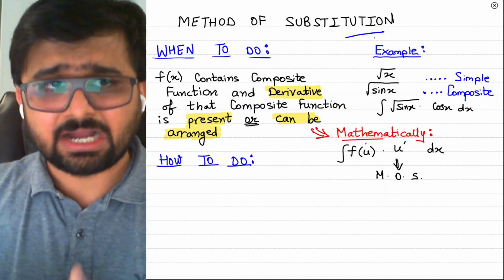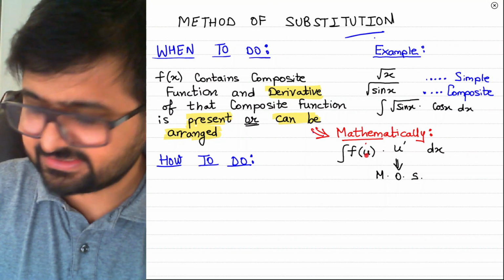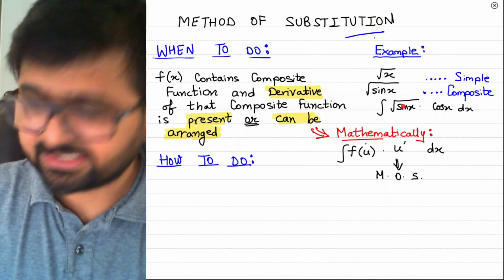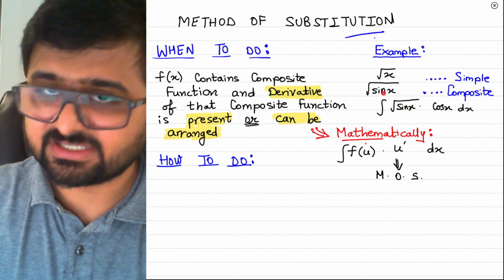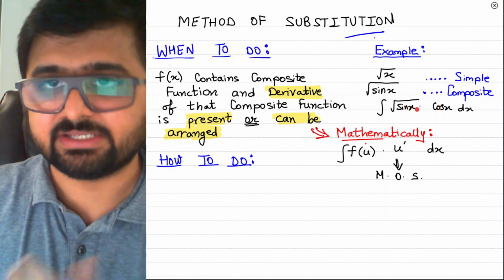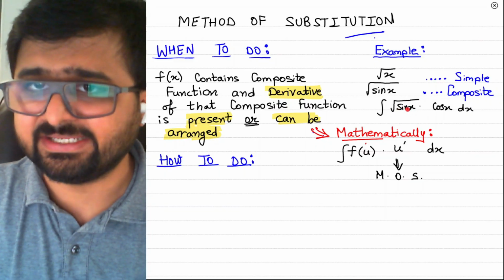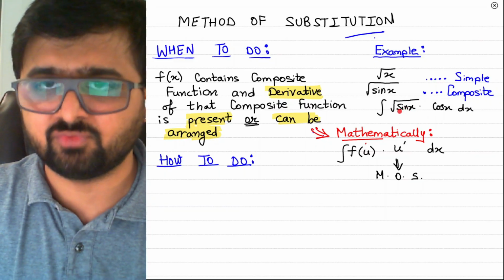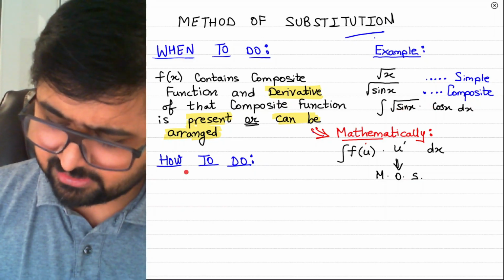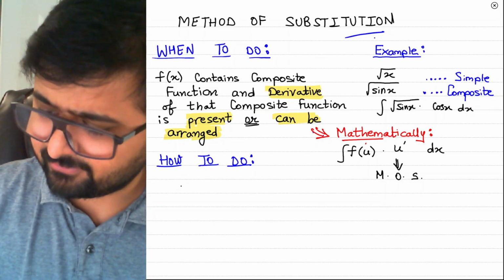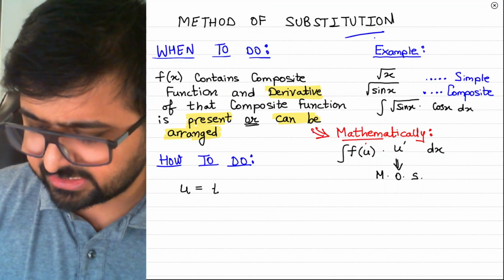All right, now let's see how to do that method. In order to do method of substitution, it's very simple. Whatever the composite part is, in this case the composite part was sine x. Instead of x, you replaced it with sine x, and there was a derivative of sine x present. So in this case, I would have put sine x equal to t. In general, if you have a function of u, you would put u equal to t.